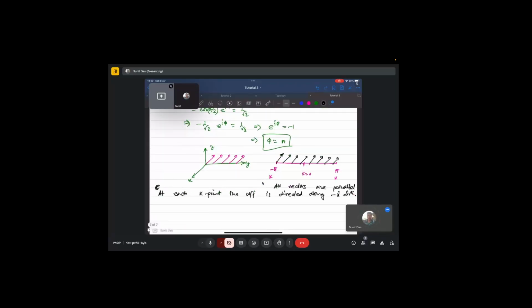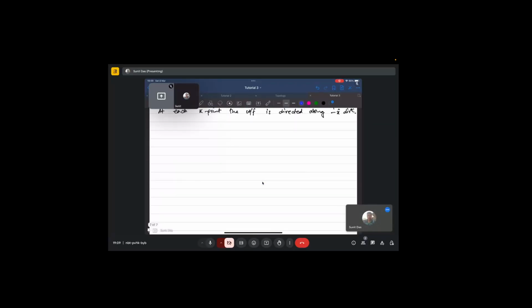So in the inter unit cell case, hopping is equivalent to minus t.